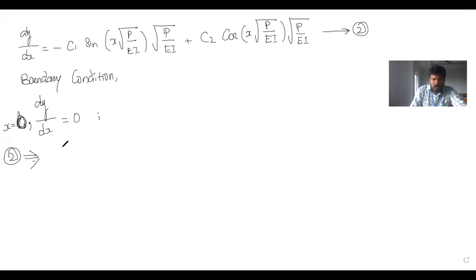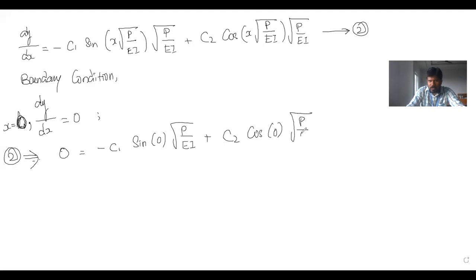So equation number 2 becomes, with these boundary conditions substituted, 0 is equal to minus C1 into sin 0 into root P by EI plus C2 into cos 0 into root P by EI.